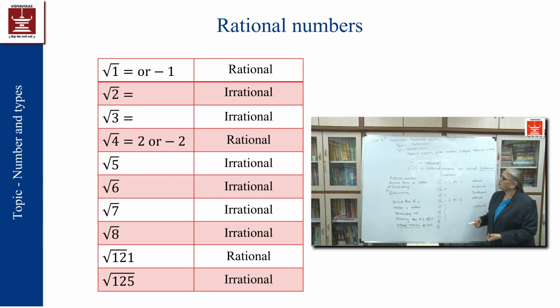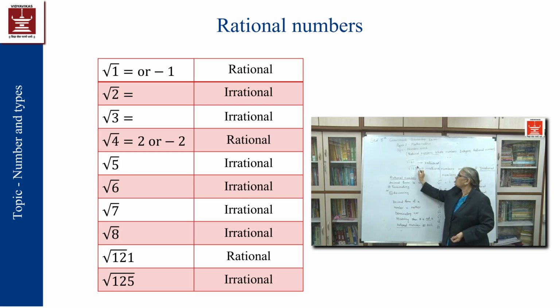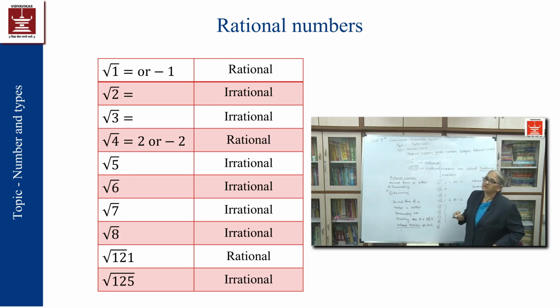Or, instead of finding its decimal form, you check whether the number is not a perfect square. If the number is not a perfect square and you find its square root, then it is going to be irrational.